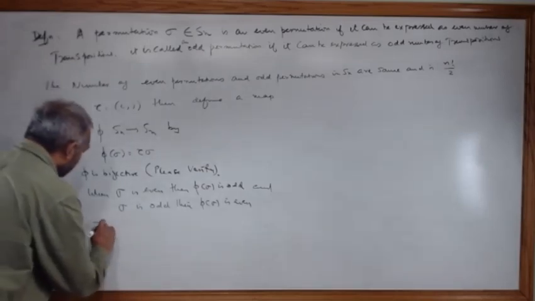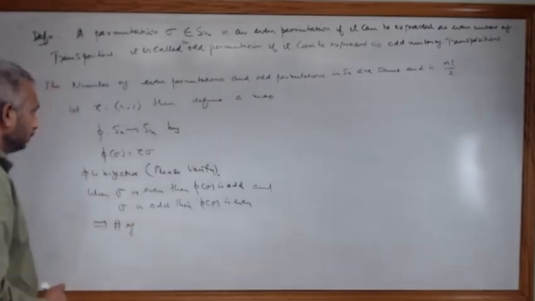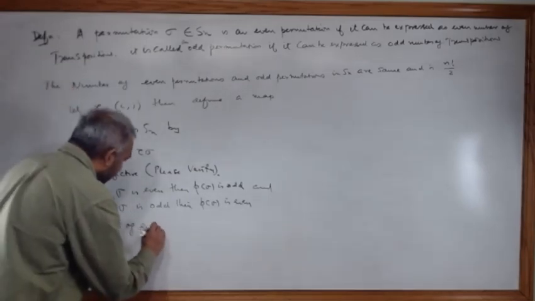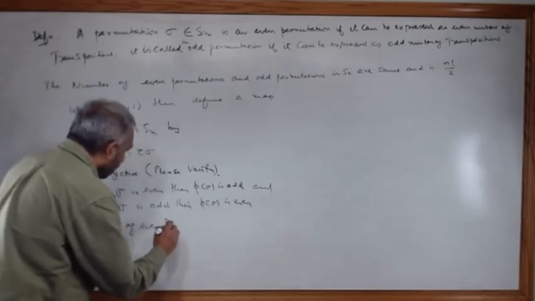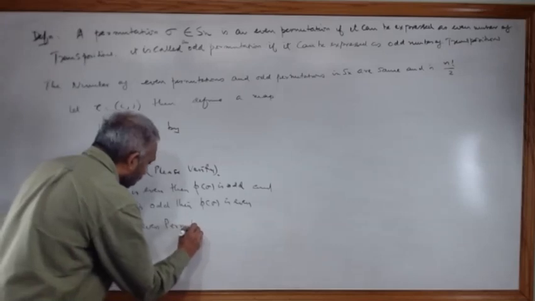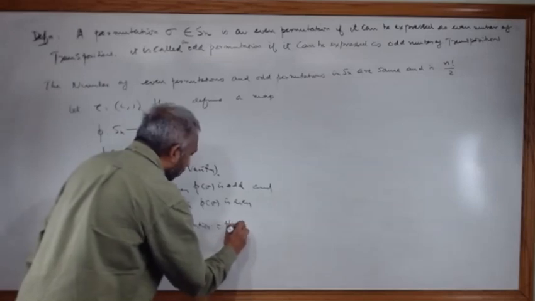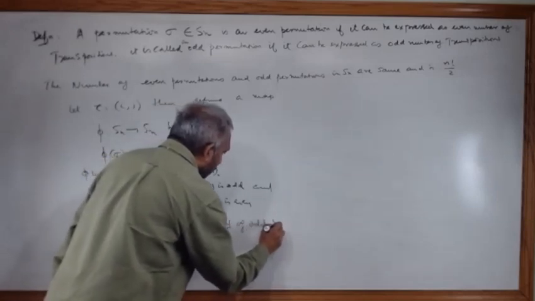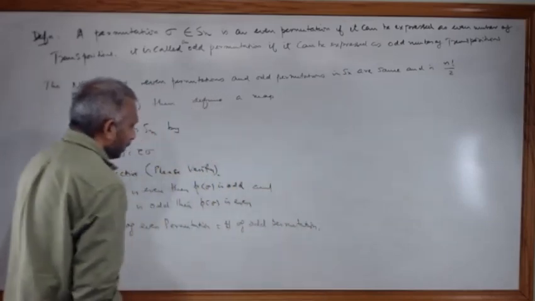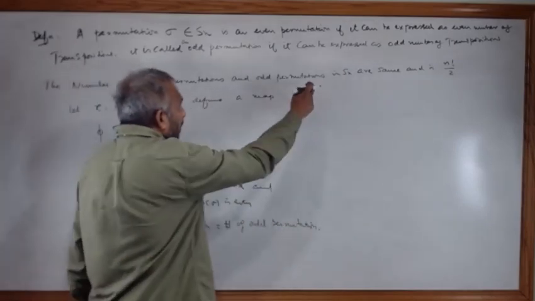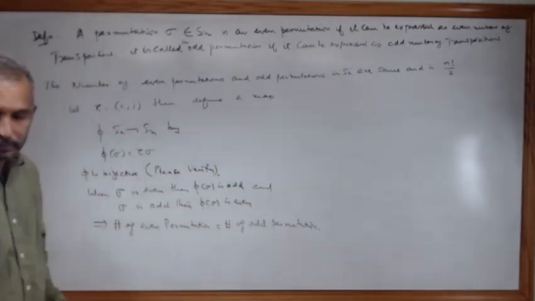And that implies the number of even permutations is equal to the number of odd permutations. And because Sn has n factorial elements, each of them will be n factorial by 2.